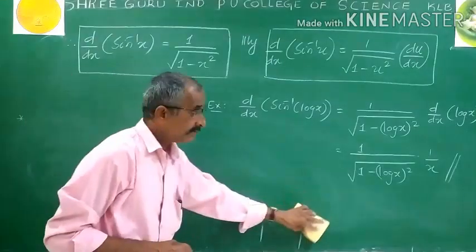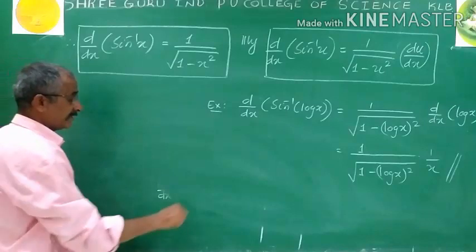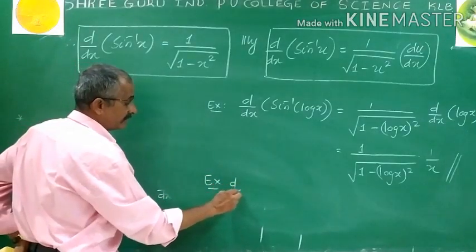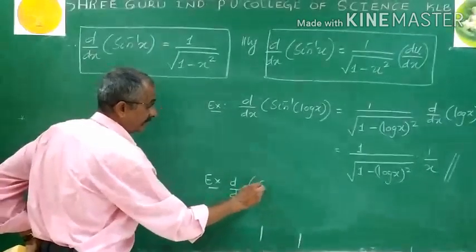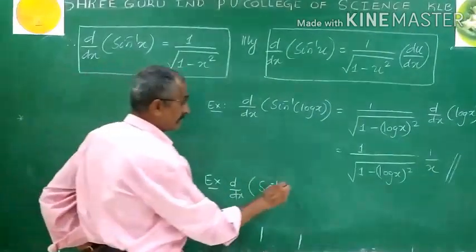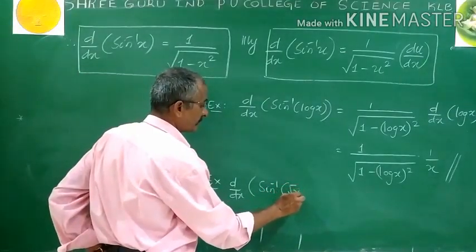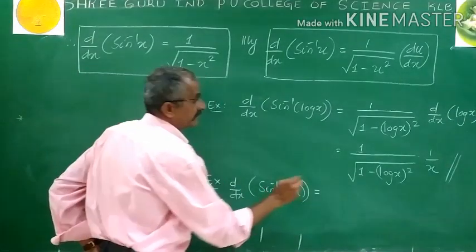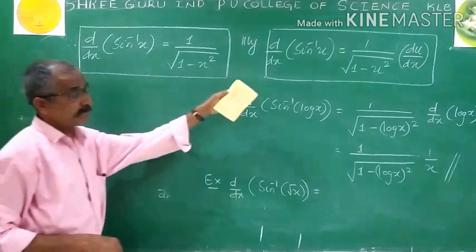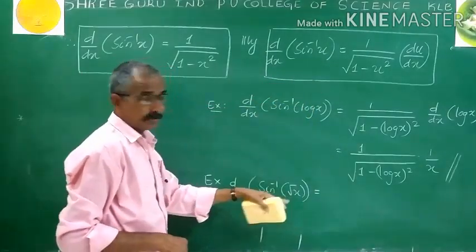Another example to make your mind quite clear. Suppose you want to calculate differentiation of sin inverse of root x. In this case, I will write the answer at once because of the similarity. Refer to this formula. What is u? Root x.